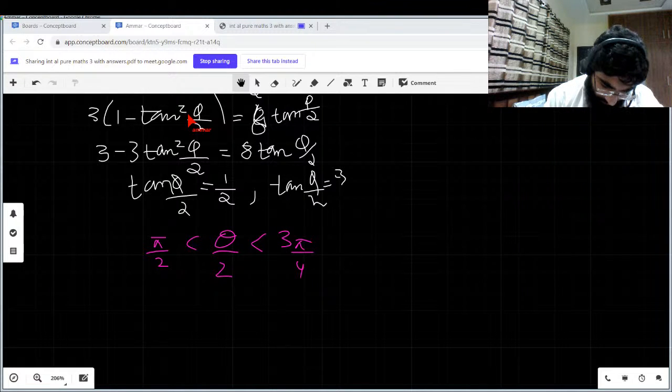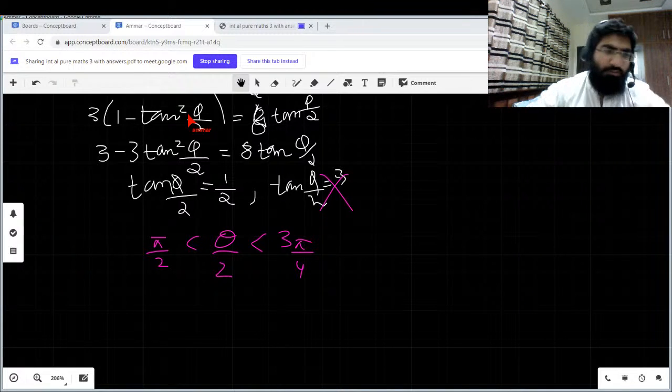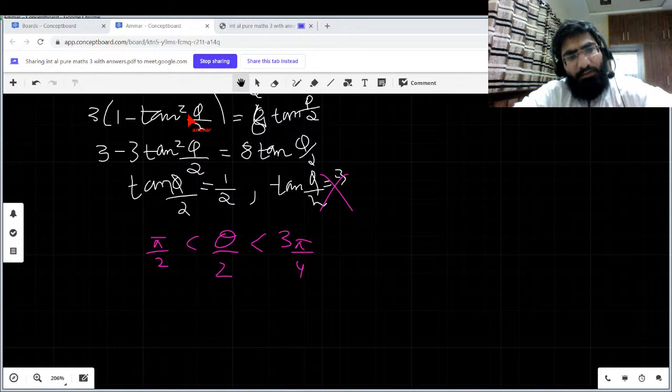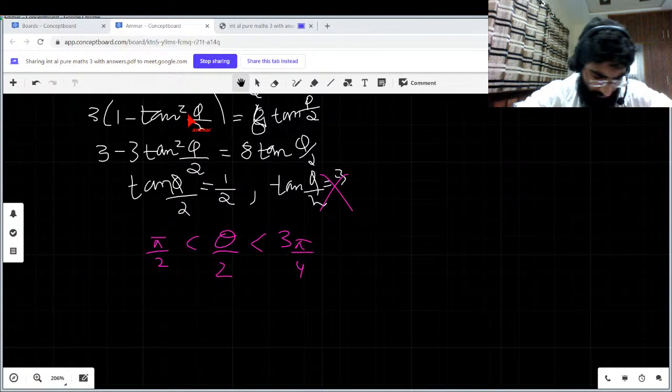So it has to be between pi by 2 and 3 pi by 4. Inverse of tan. This would cancel. Which one is the solution?